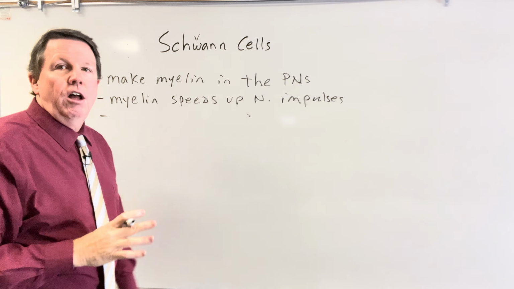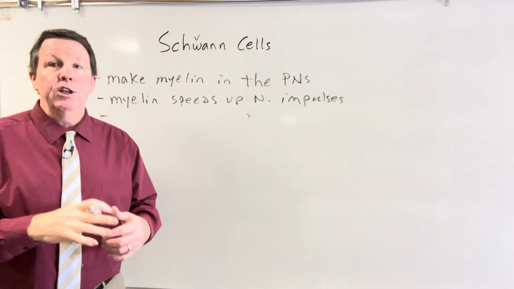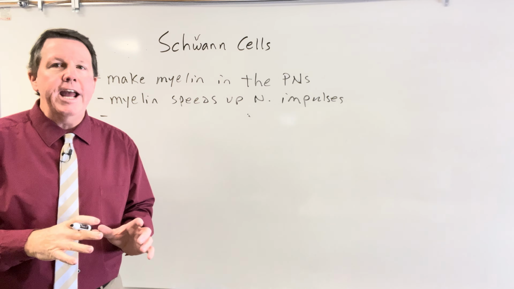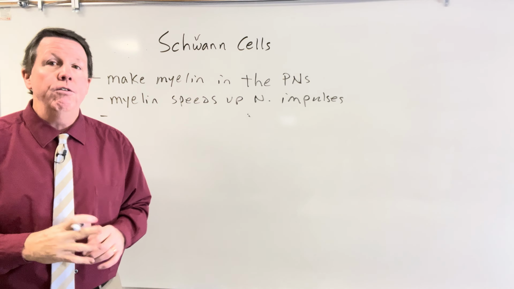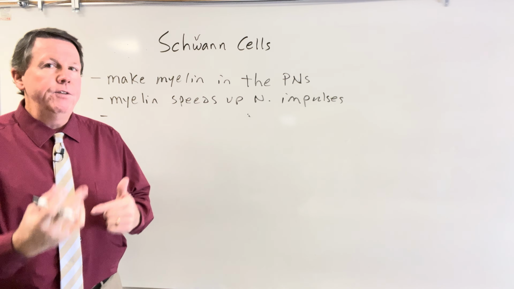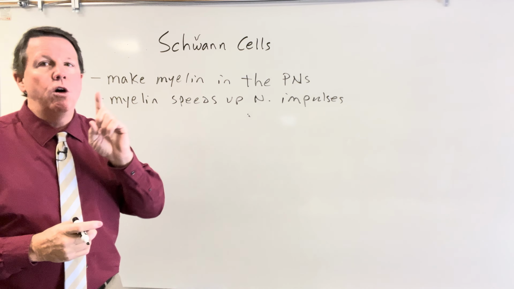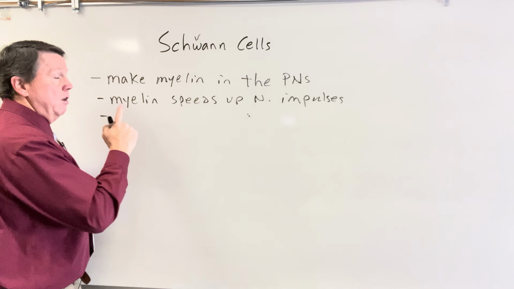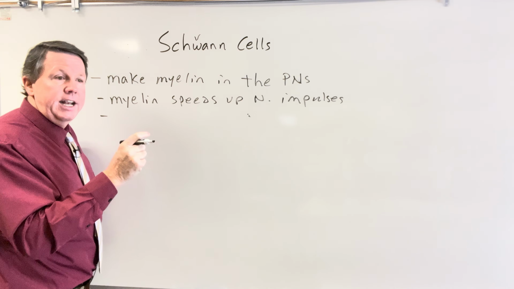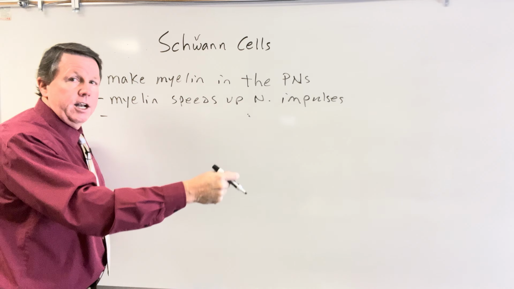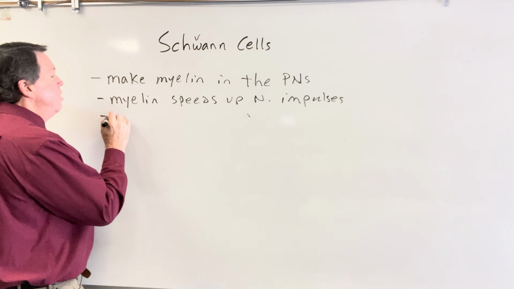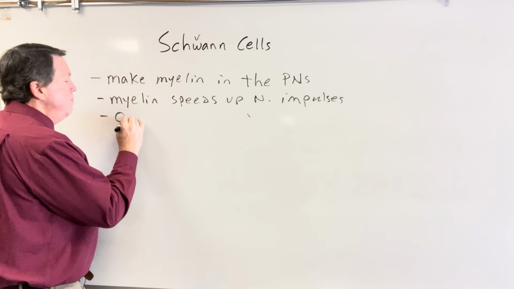Now, if you recall also when we talked about oligodendrocytes, we said oligodendrocytes are branched and they can hold on to a bunch of different nerves or even different segments of the same nerve. Schwann cells will only myelinate one segment of an axon, and then you'll need another Schwann cell and another Schwann cell. We'll draw it in just a minute.